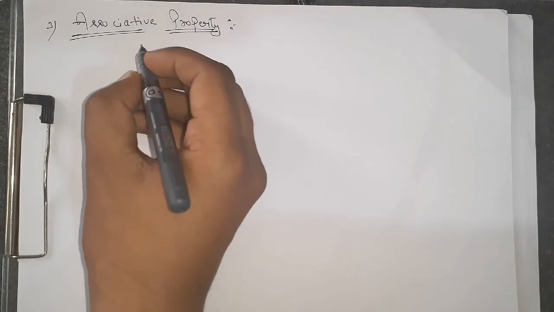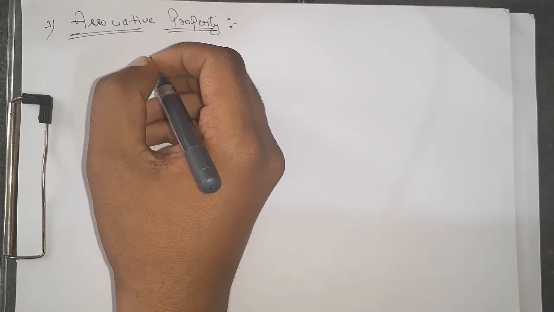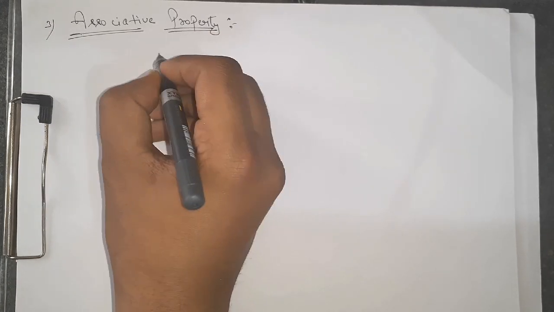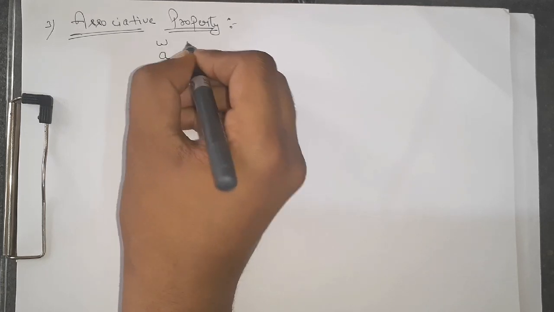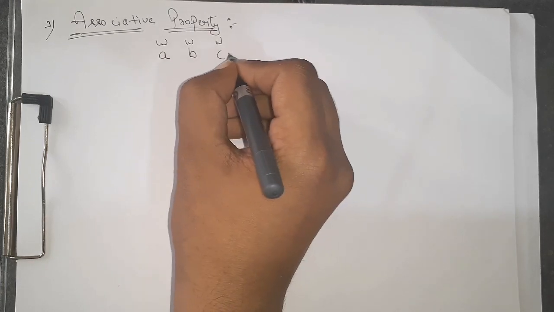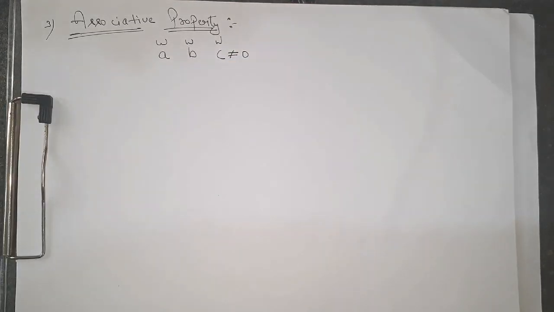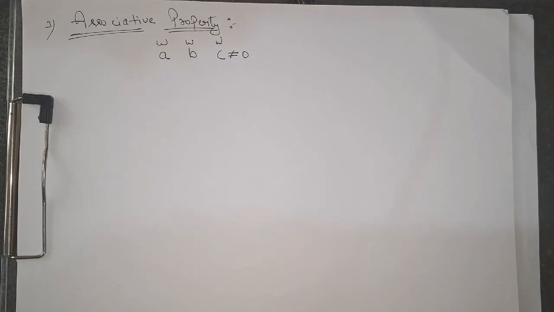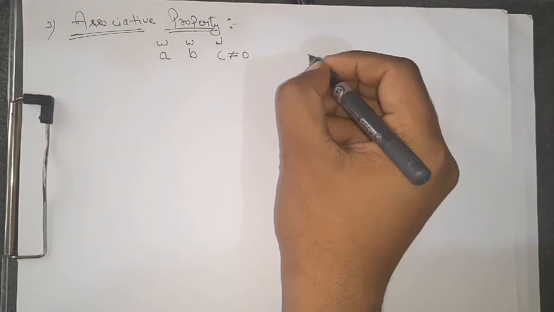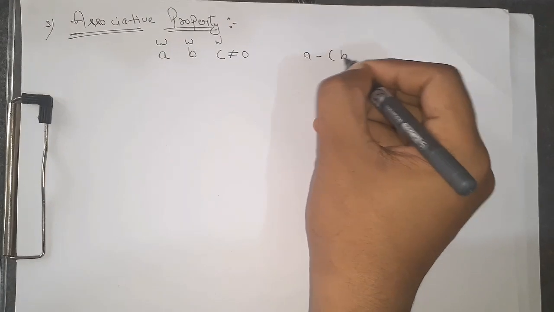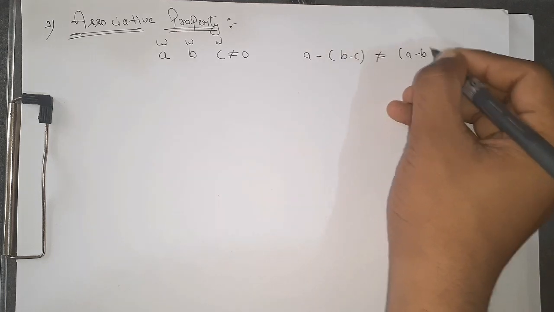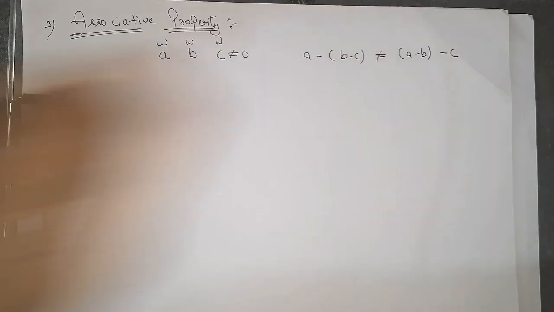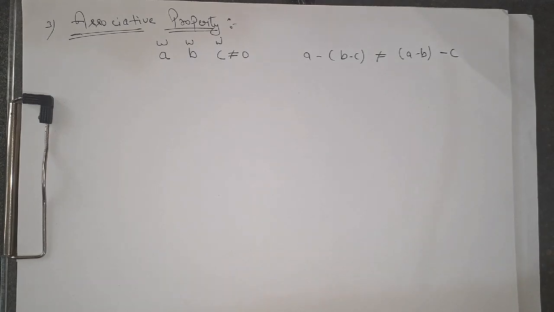In this property, it states that if a, b and c are whole numbers with the condition that c is not equal to 0, then a minus (b minus c) will not be equal to (a minus b) minus c.